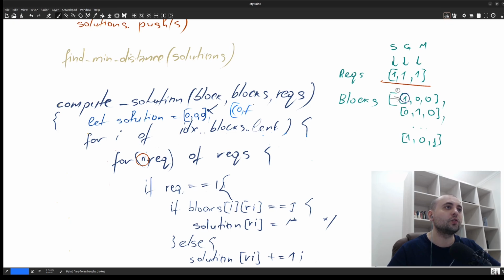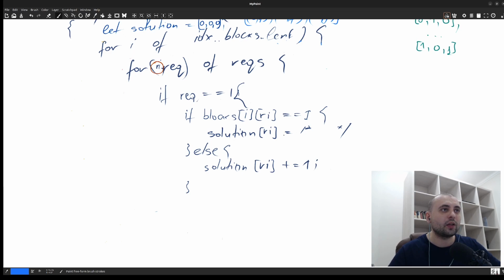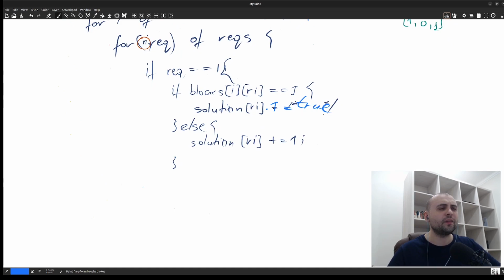So let's assume we start everything with false. The position 1 will be 0 and false, and the position 0 will be 0 and false. So that will be the initial stage of our solution. So in this case, for example, solution Ri of 1, we'll just mark it as true because we found our solution. Okay, yeah. So if we found our solution, else we increment the distance.